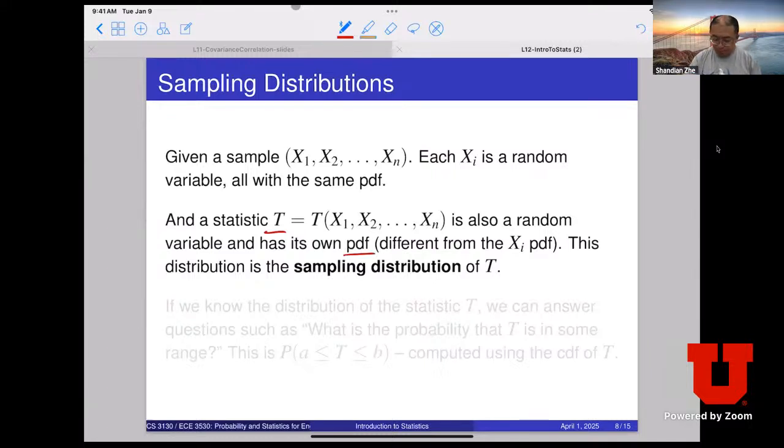So the key point here is that usually the distribution, or the PDF, of the statistic T is very different from the PDF of each individual random variable, say X1, X2, or Xn.